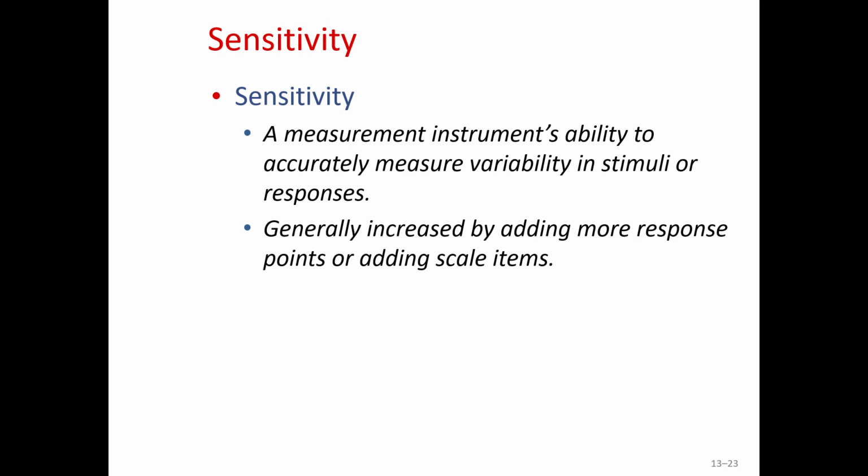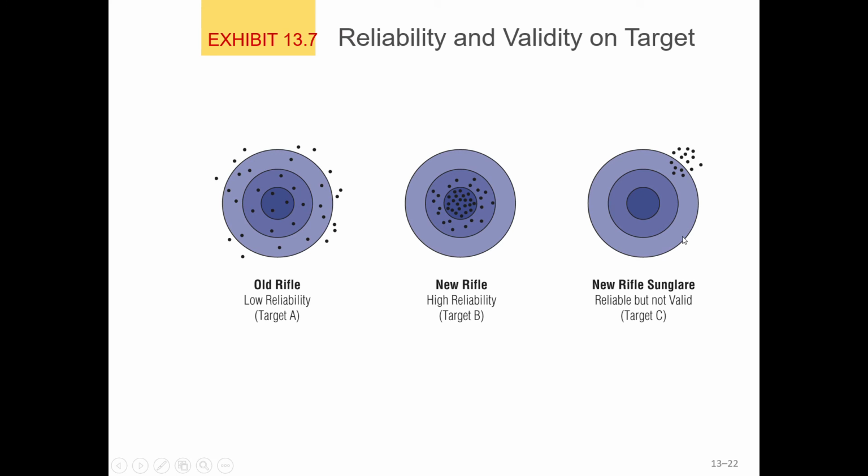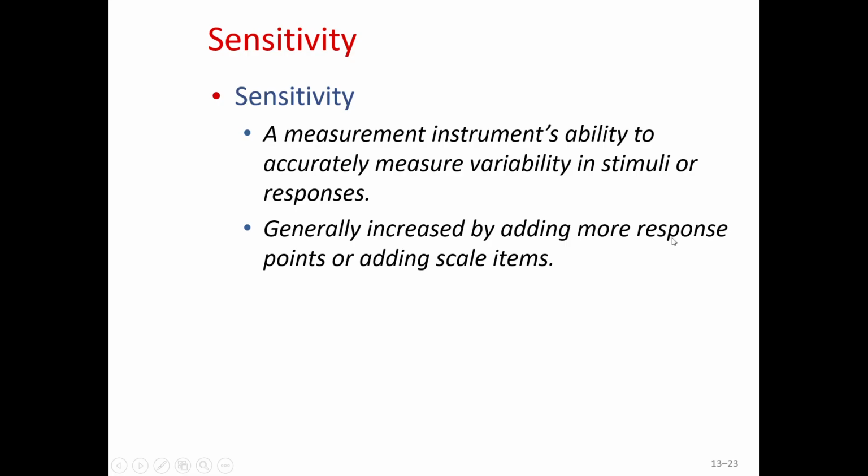But the difference between reliability and validity, we saw in this previous picture. And sensitivity: the sensitivity of a scale is an important measurement concept, particularly when changes in attitude or other hypothetical constructs are under investigation. Sensitivity refers to an instrument's ability to accurately measure variability in a concept.